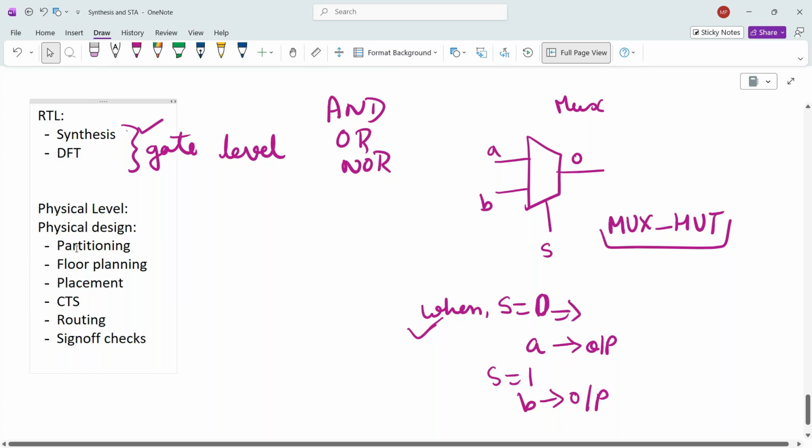So here we are doing each and every step. First, partitioning means converting a big design into different partitions and then giving them to different teams so that every team is working on their block in parallel. That will save time and money, right? Because a big design with lakhs of cells cannot be handled at the same time.